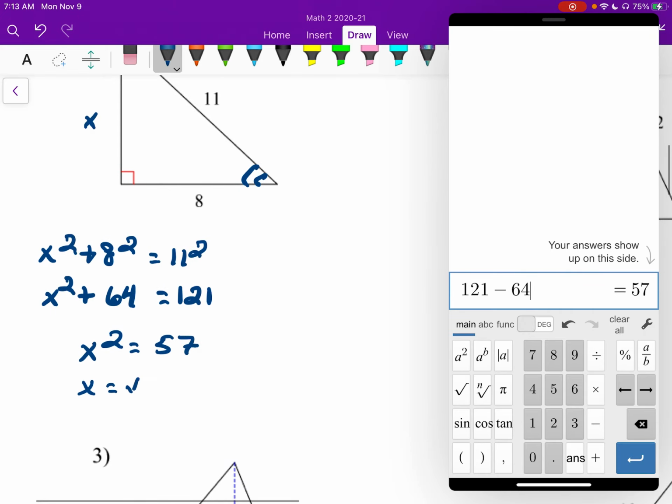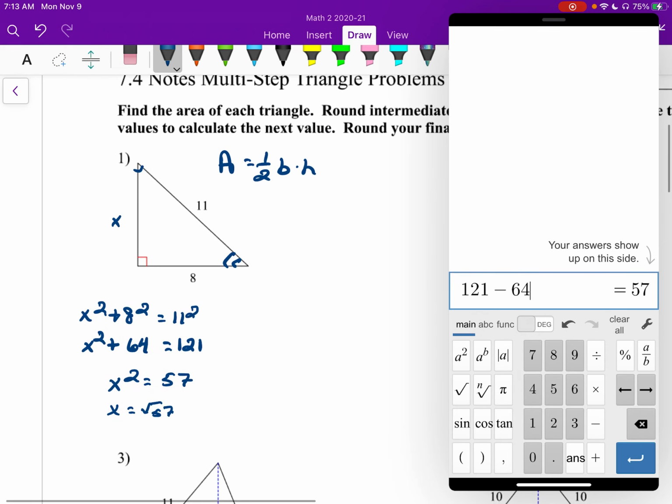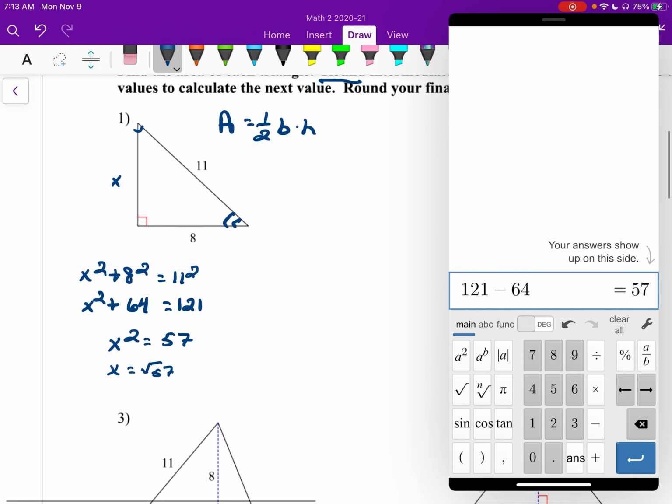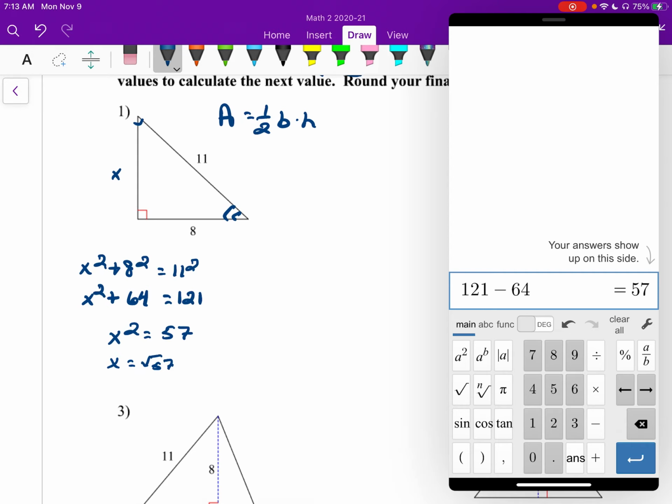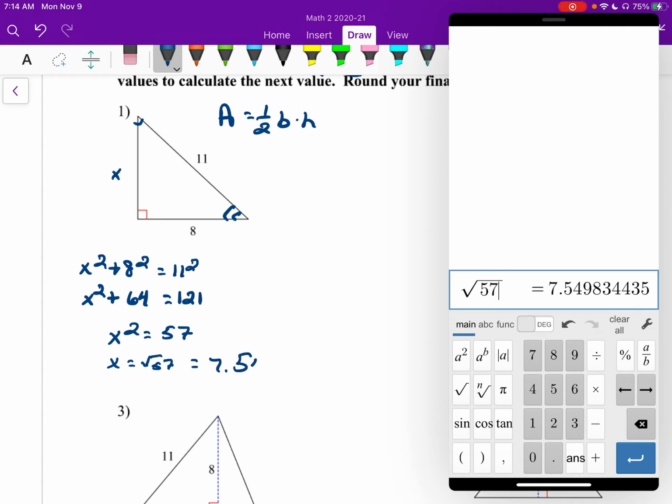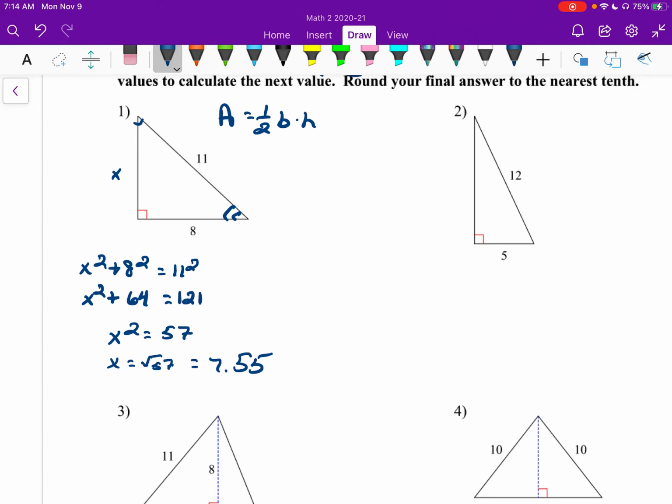So x equals root 57, and it talks about rounding here. So we're just going to type in root 57. We don't have to rationalize or simplest radical form. I'll say 7.55.